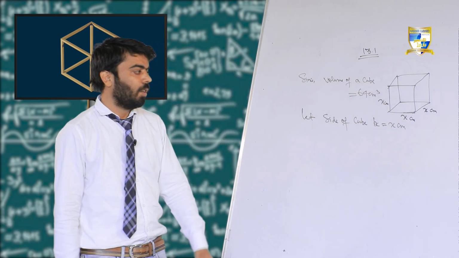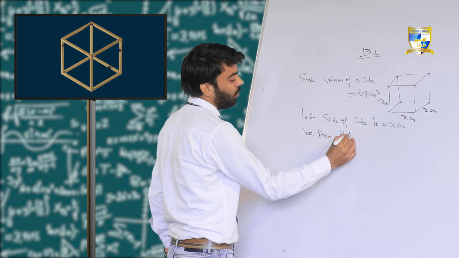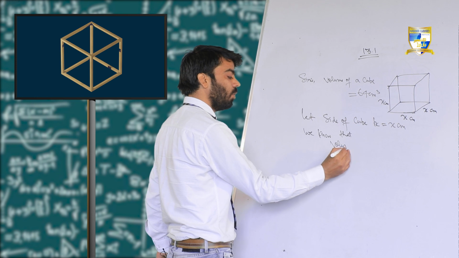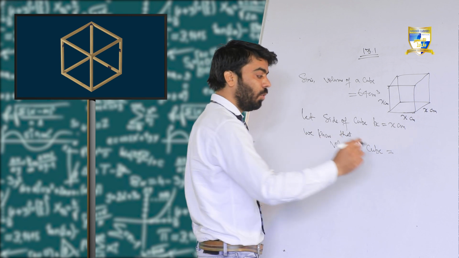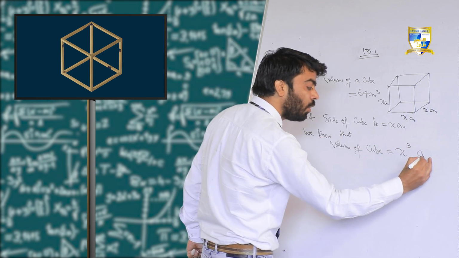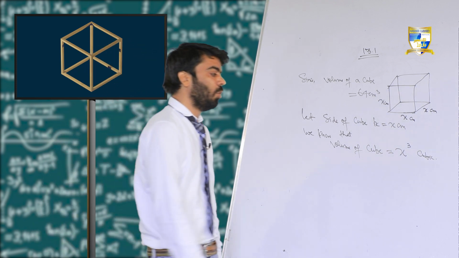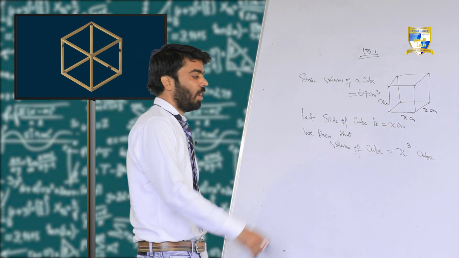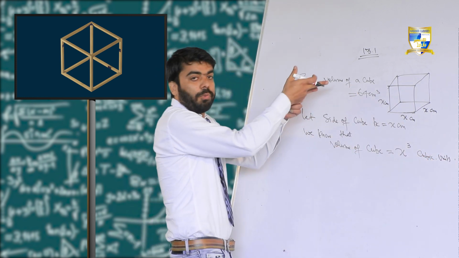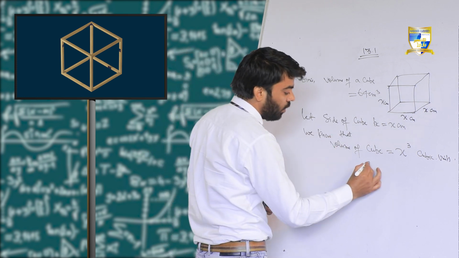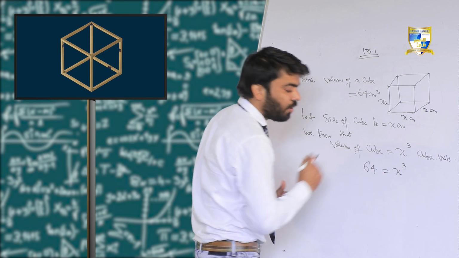Then we know that the volume of cube is equal to side cube, that's x cube cubic centimeter. Here we can say cubic units. What is the volume of cube? It is 64. And this is x cube.